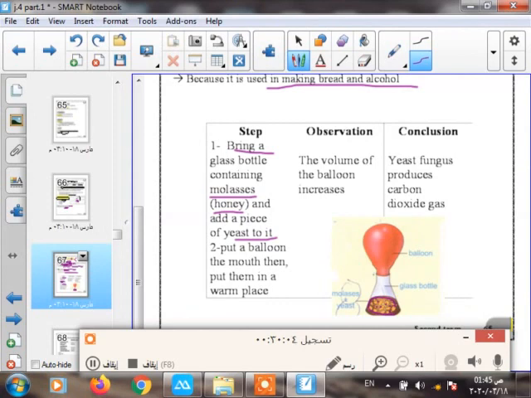The volume of the balloon increases. From where does this gas come? What is the type of gas inside the balloon? It's carbon dioxide. It comes from the added yeast fungus. Yeast fungus produces carbon dioxide gas that blows up the balloon.